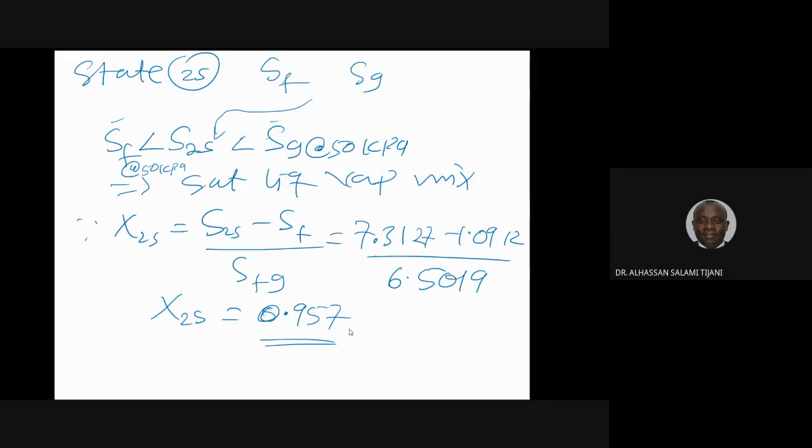So therefore, H2S equals HF plus X2S times HFG, also from the property table.